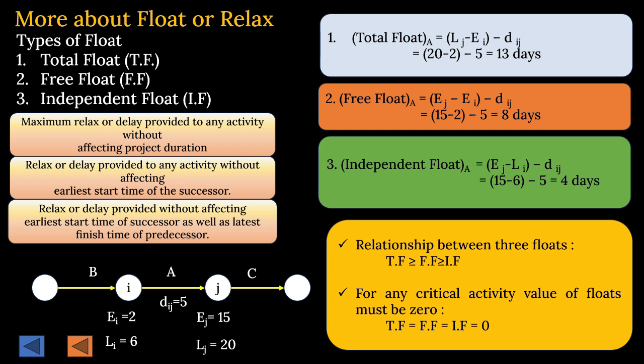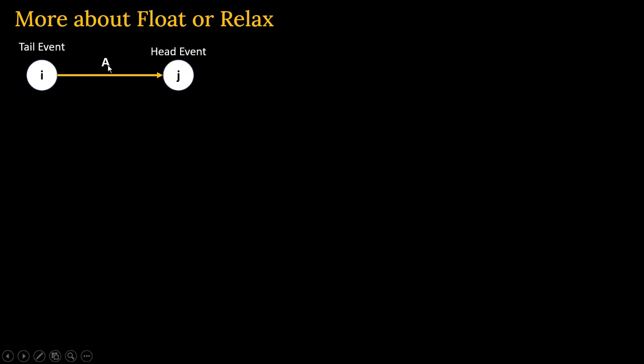Okay. Now how to remember this formula? You may find it a little difficult. Now I will show you some pictorial view of how to remember this. Let us see this example first. One activity A starting at ith node, finishing at jth node. Ith node is known as the tail event.